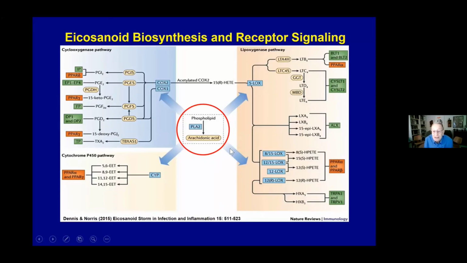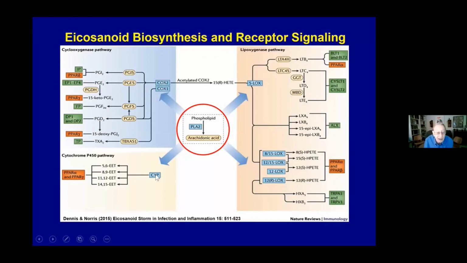There are indeed other lipoxygenases, 8-15, 12-15, 12, 12R, a whole number of other lipoxygenases that make various products that also, some can activate PPARs and other receptors like the TRP receptors.